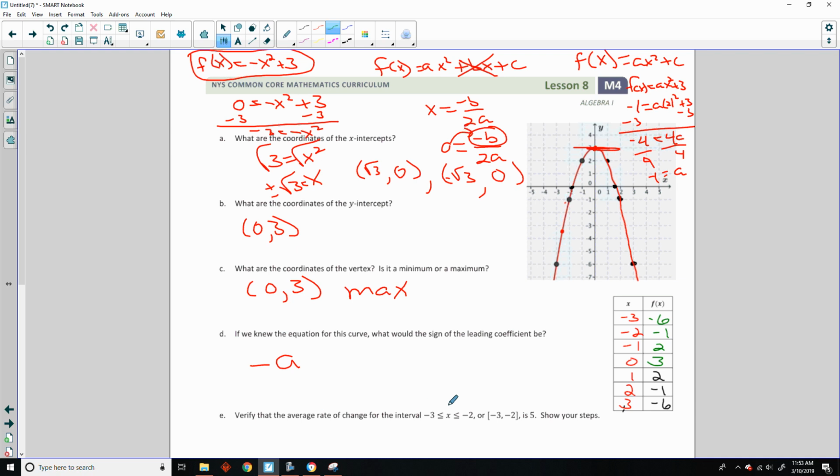And E says verify the average rate of change for the intervals negative 3 to negative 2. So that's here, this point here, negative 3, negative 6, and negative 2, comma 1. So go up 1, 2, 3, 4, 5 over 1. The average rate of change is 5 over 1, or 5.